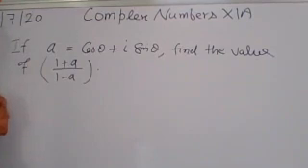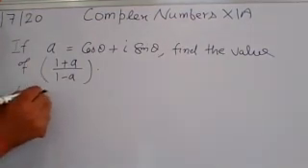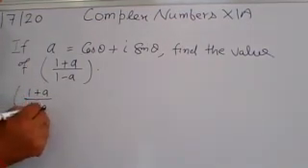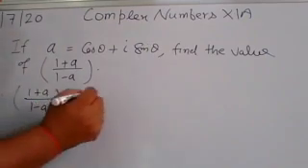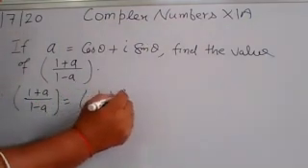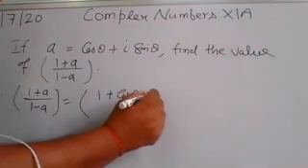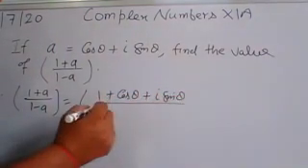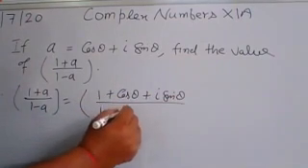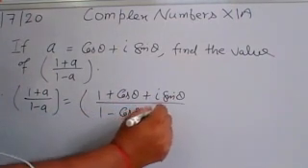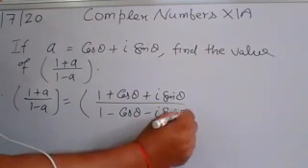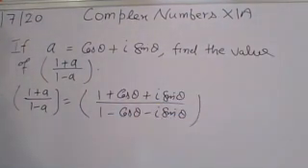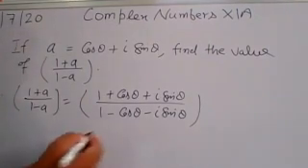So write 1 plus A upon 1 minus A is equal to, here you have 1 plus cos theta plus I sin theta whole divided by 1 minus cos theta minus I sin theta. Understand? Here you are putting the value of A. Now taking the conjugate of this one.